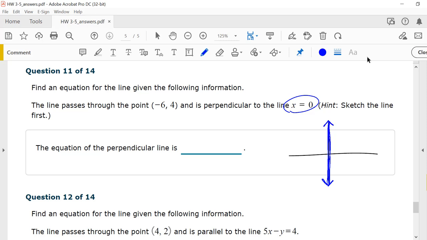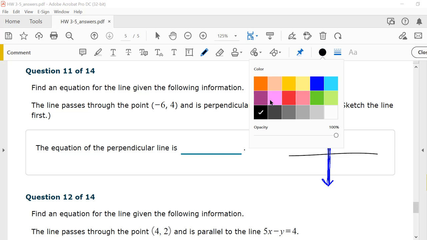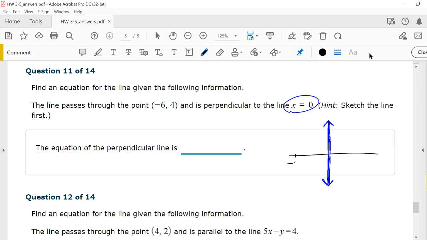It's on the y-axis. It has to go through the point negative 6, 4, and it needs to be perpendicular to that blue line. So it needs to be this. The equation of that line, it's a horizontal line, so it's going to be y equals 4.